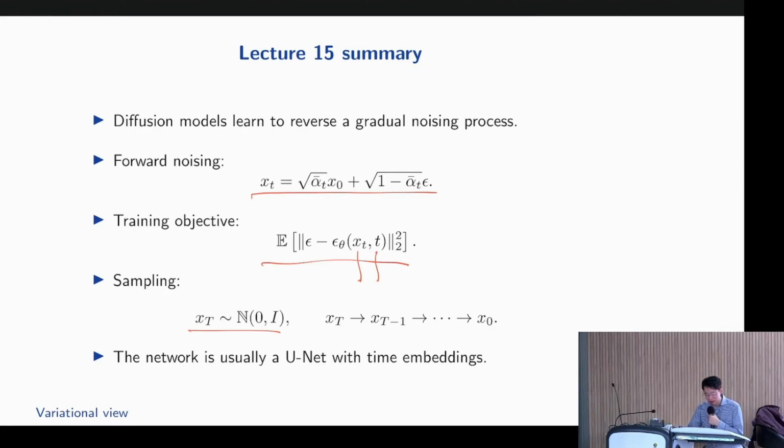An important thing was we needed to provide information about the time index as well, because epsilon theta is also a function of time, but time is a single dimension compared to millions of dimensions of the image. So to provide significant context for the time, we turned it into an embedding similar to the positional embedding in LLMs.